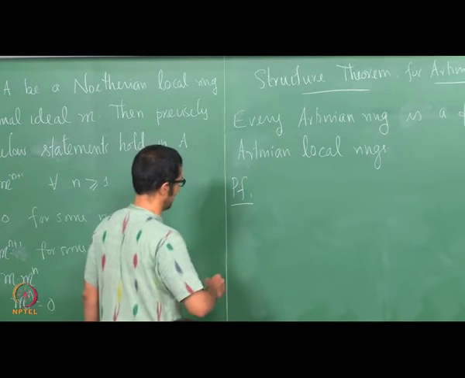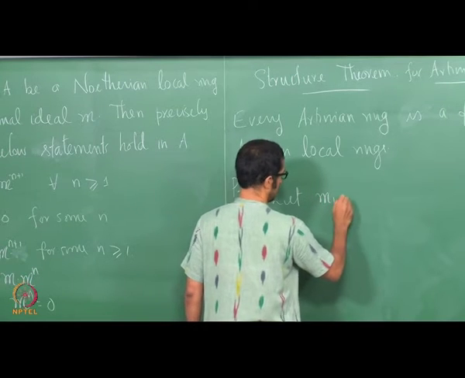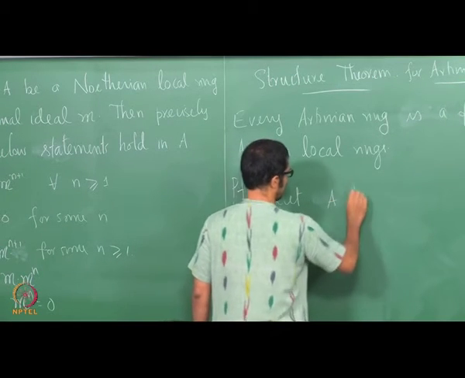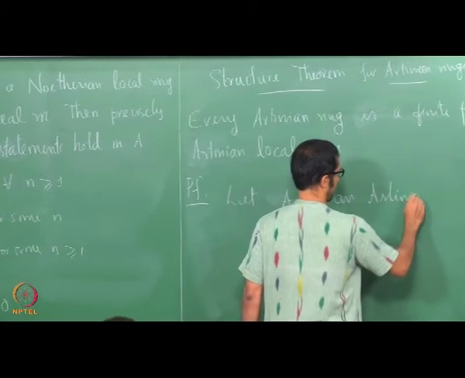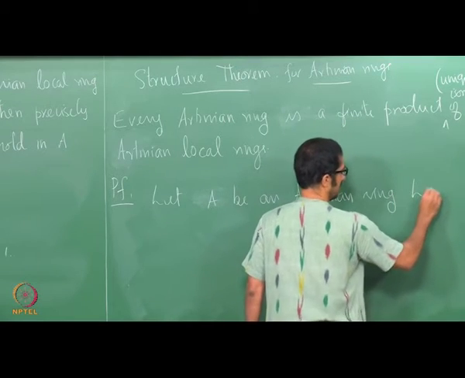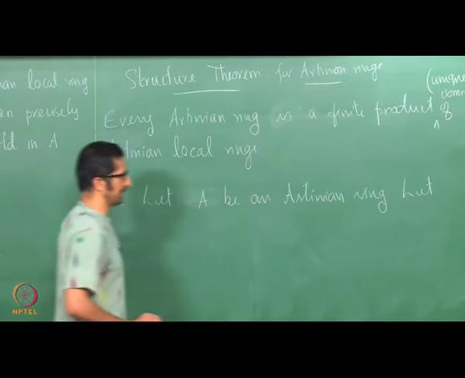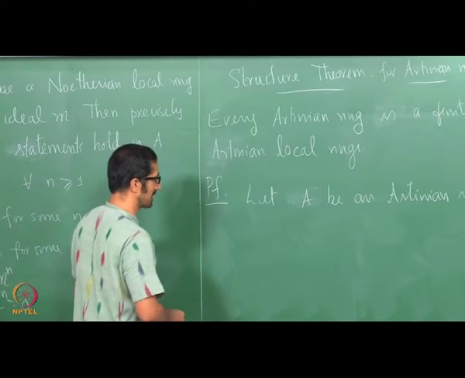So, first let A be an Artinian ring. We know that all the prime ideals in A are maximal and there are only finitely many maximal ideals.